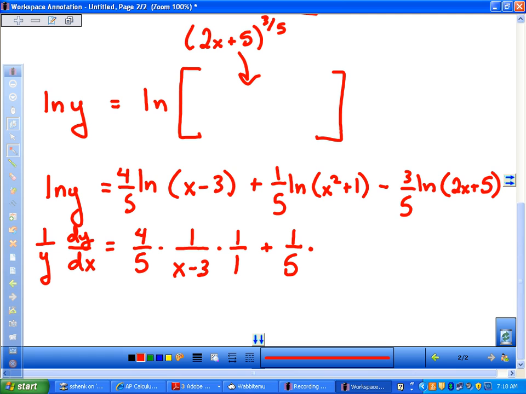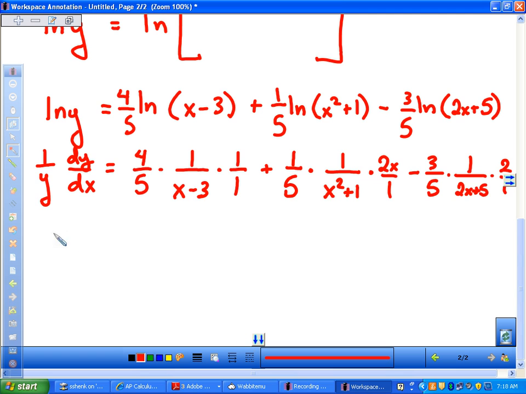What's going to be the derivative of natural log x squared plus 1? Times 2x. Good. Minus 3/5 of 1 over 2x plus 5 times 2. Okay. So the actual differentiation process here turned out to be quite simple after we did all those properties.